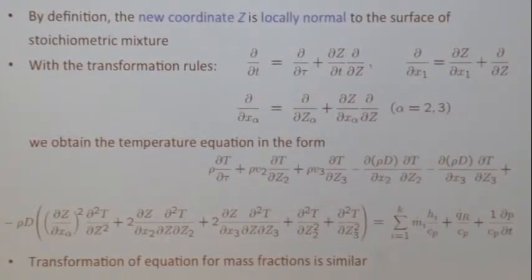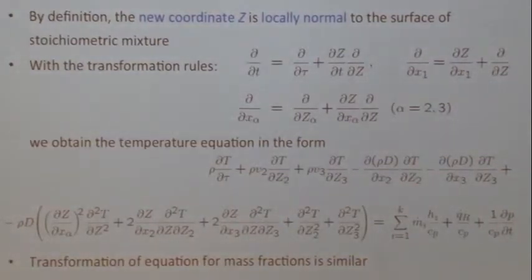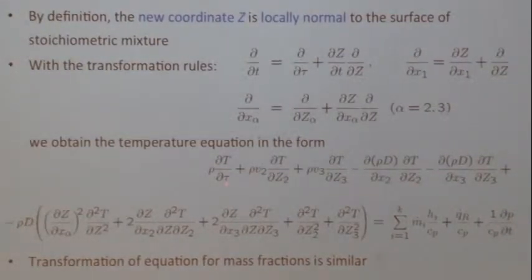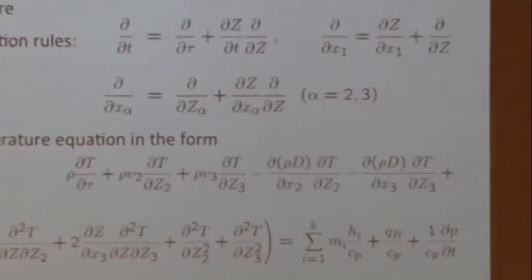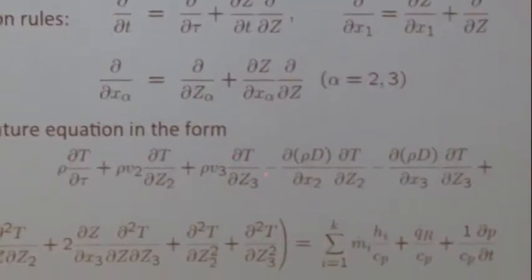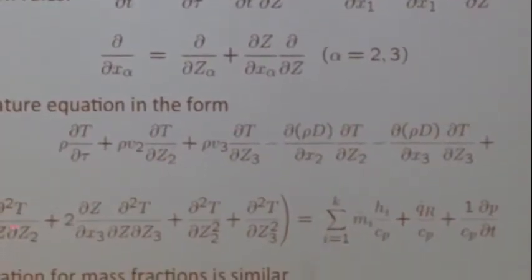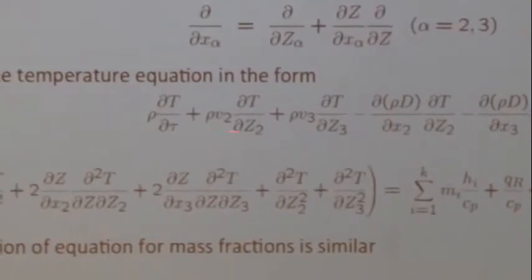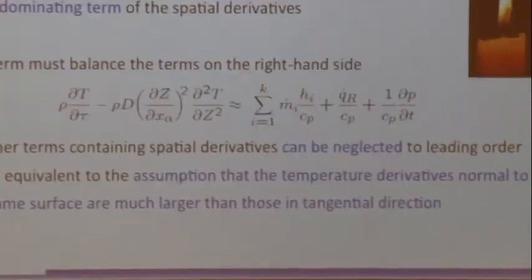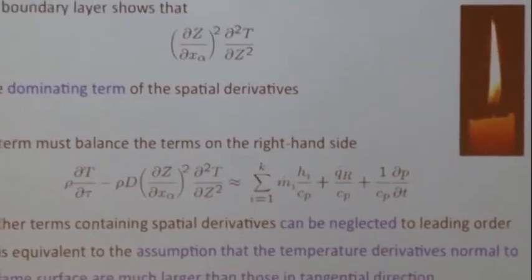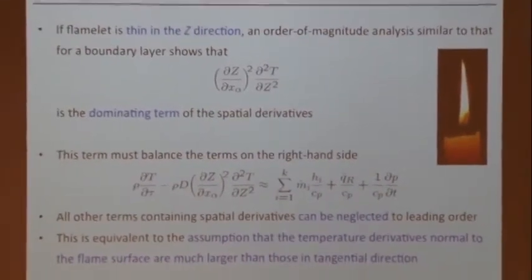Anyways, you can introduce all this in the equations, and then for the temperature equation you get this. You get this time-dependent term, and then you get Z2, Z3, and all these things. So you get a lot of individual terms. Good. Now we can think about what we do with this.